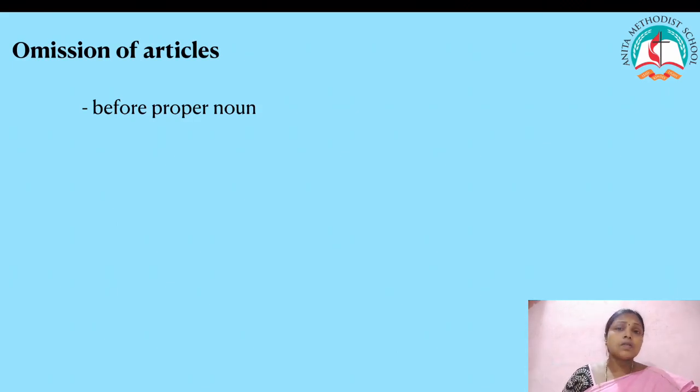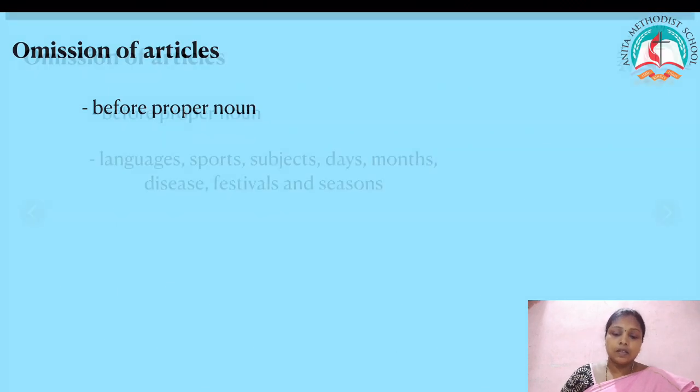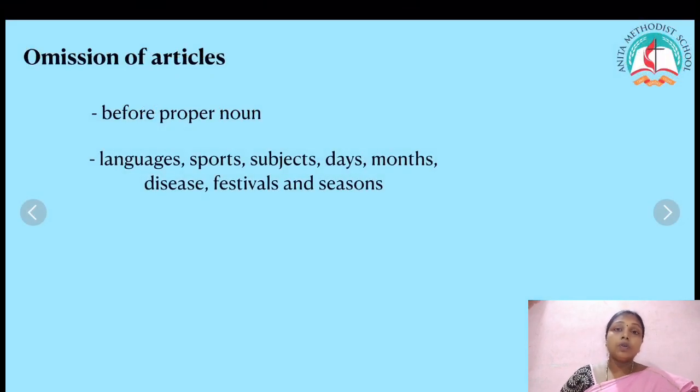The next rule is, we should not use articles before languages, sports, subjects, days, months, diseases, festivals and seasons. So we have to avoid using articles before these. I have taken a few examples, then it will be clear for you, children.